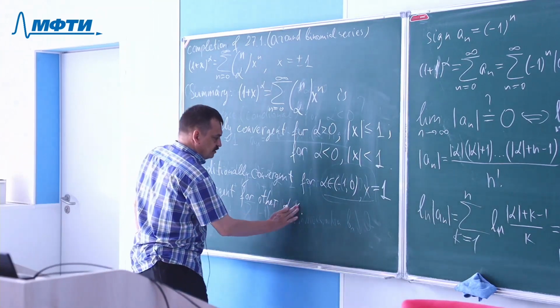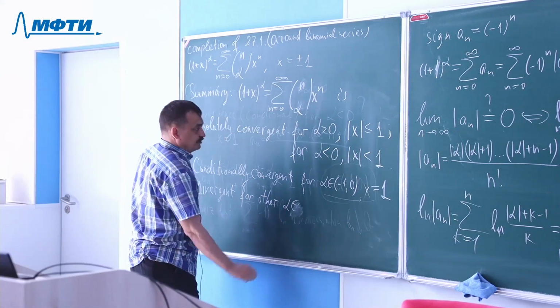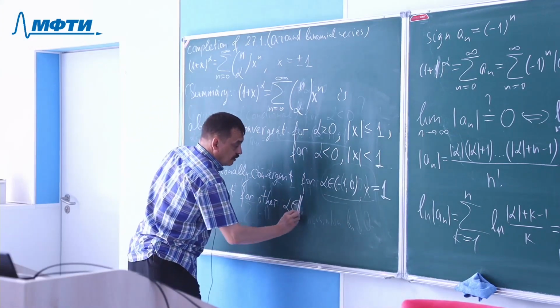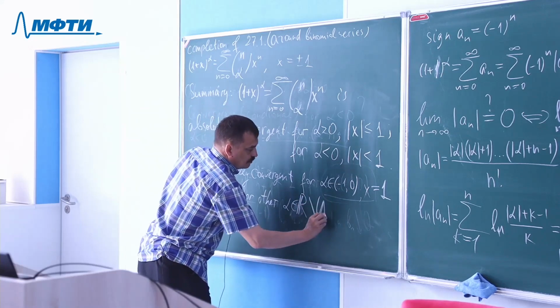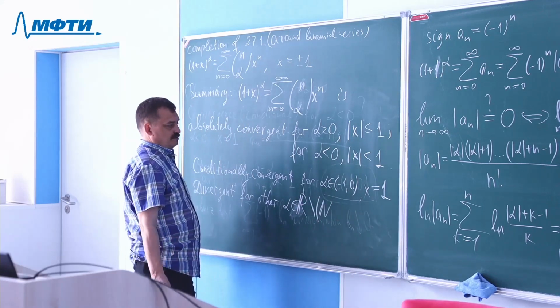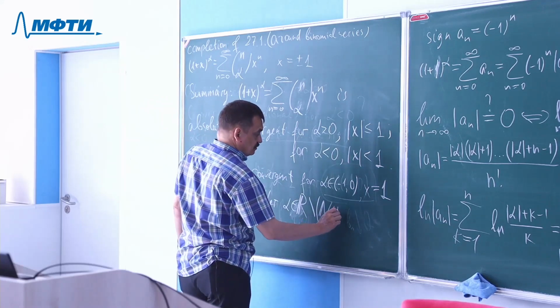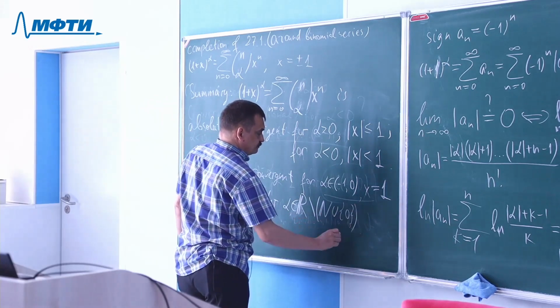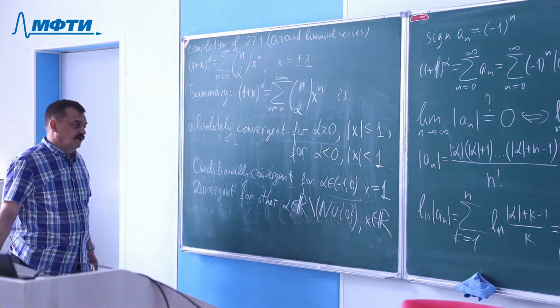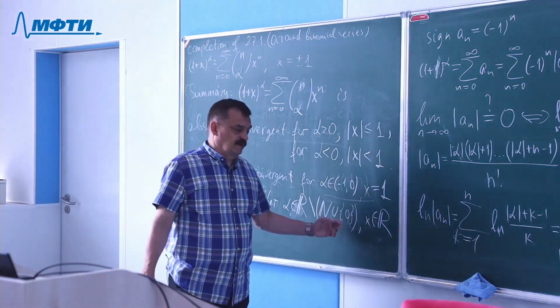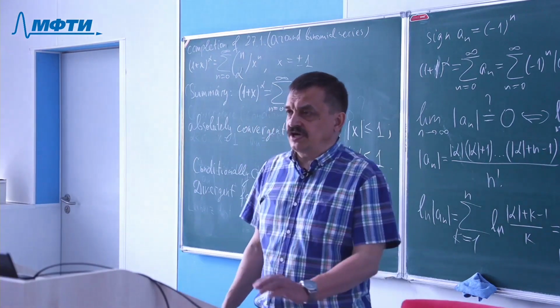Here alpha should belong to R minus the non-negative integers, and x in R. Because for alpha natural or 0, we have no series.